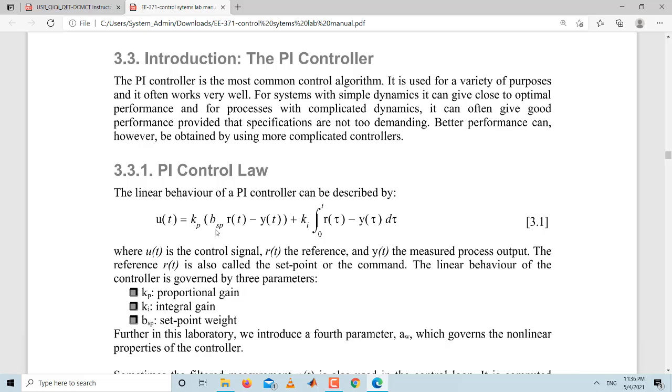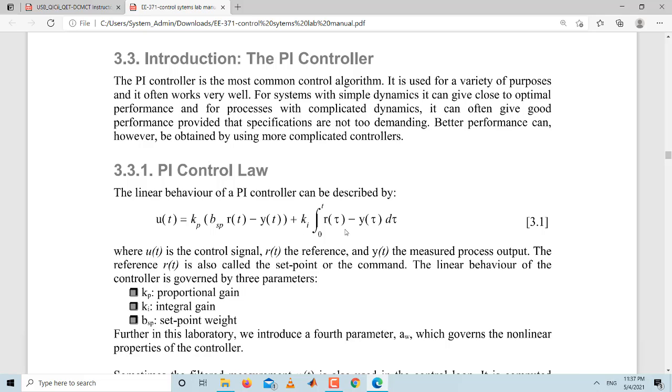b is another gain, that is the set point weight, while r of t and y of t, r is the reference input and y of t is the final output. So the difference between the two is going to be multiplied with the set point weight and being multiplied with the proportional gain. So this part of the law is the proportional, P part of your PI controller law.